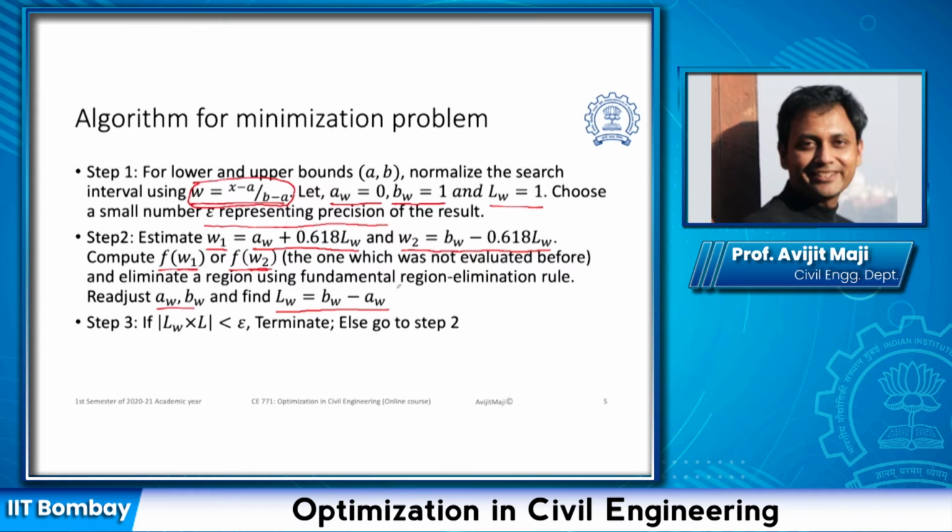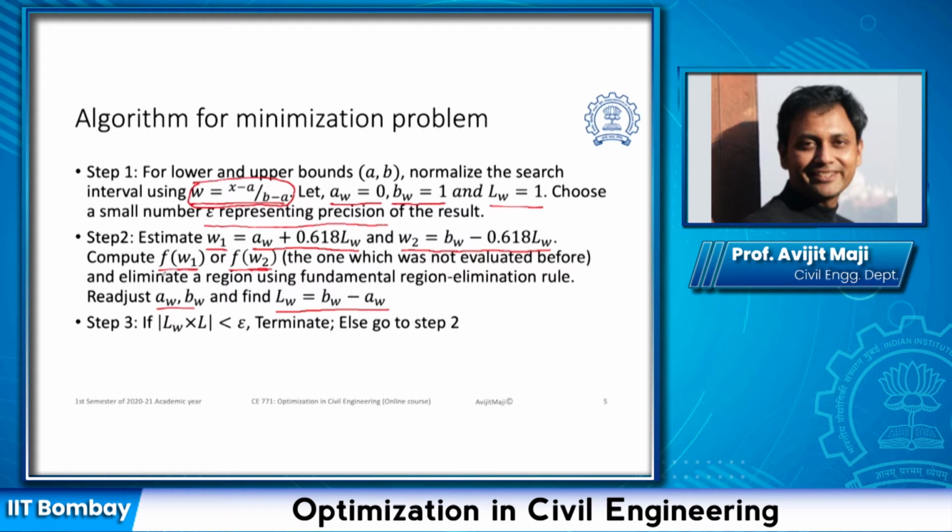Now in the very first iteration, we did not have any previous points, so we need to find the function value at both locations. However, in the subsequent iterations, we'll see that one of these points is going to reappear again and again. So we eventually end up estimating the objective function value at only one point which was not there in the previous iteration.